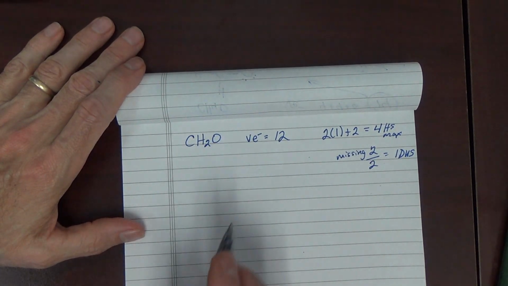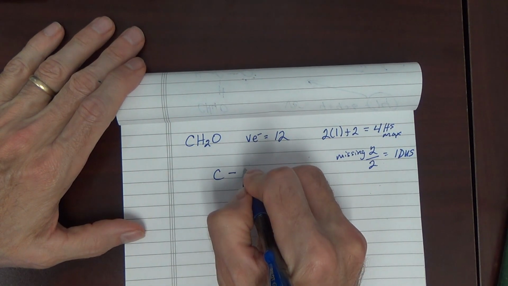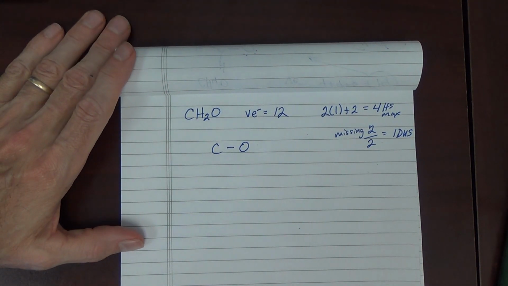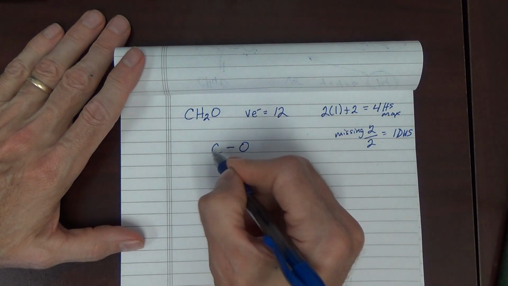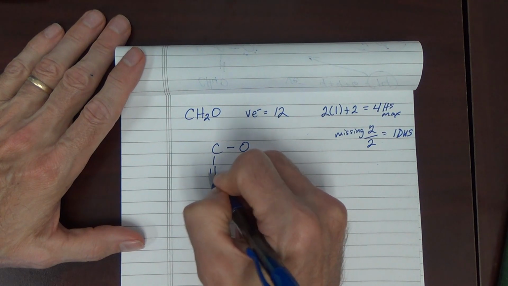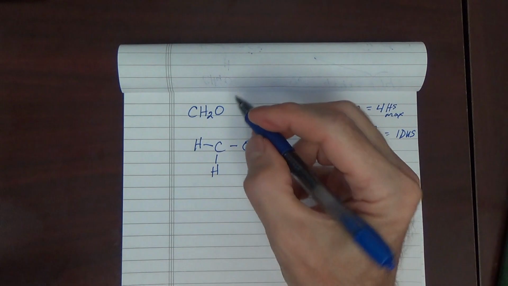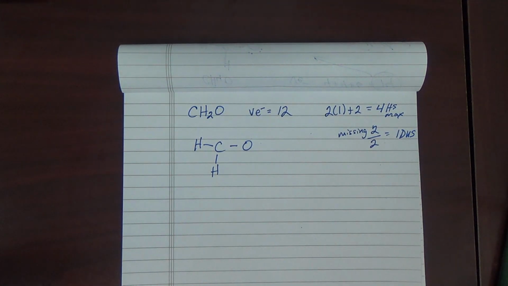Let's bond the heavy atoms together, the C and the O. Let's now then place the H's around carbon to fill its valence. 1, 2, and we don't have a third. This carbon needs an additional bond here, but we don't have another H.